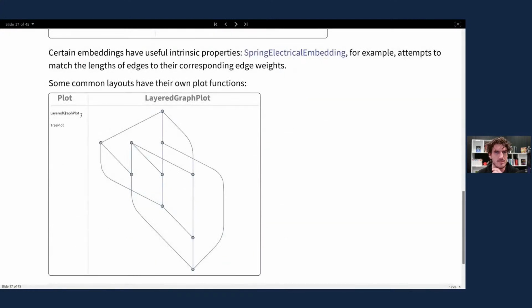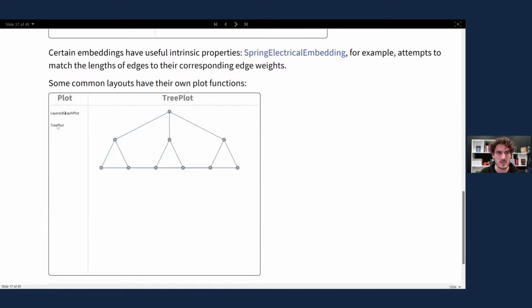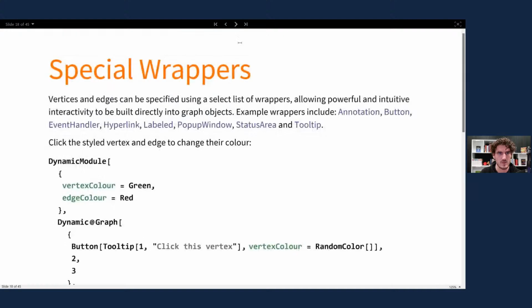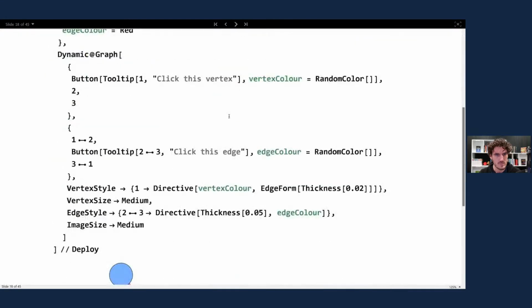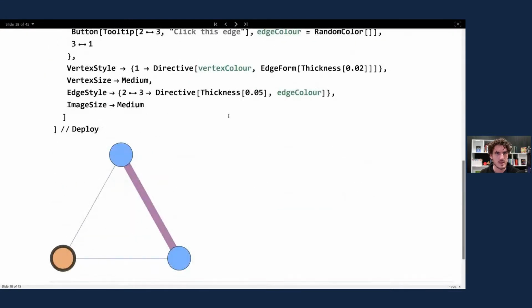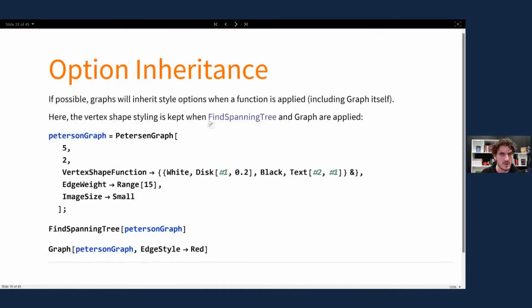And then this is for common layouts. We actually have, instead of options, which these are, actual functions like layered graph plot and tree plot. Again, this is more styling information, but I will mention this. We've seen the Petersen graph by now.